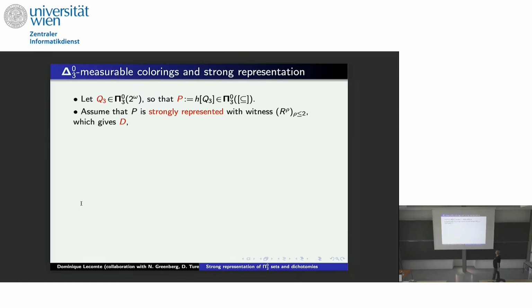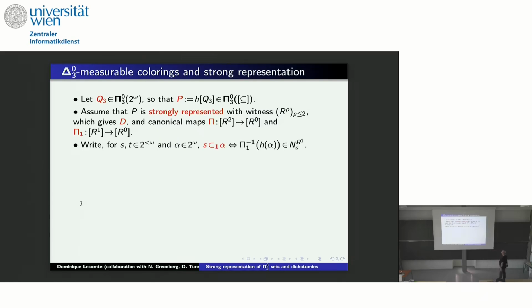And if you have strong representation, you can define D, the set of finite sequences appearing in the representation of somebody in P. And we have canonical maps, so the one I defined. But there is also another one, which is an intermediate one. If you replace R square bracket R2 by square bracket R1, you have another canonical map, which will be very useful. We need to define notions of one predecessors for finite or infinite sequences.